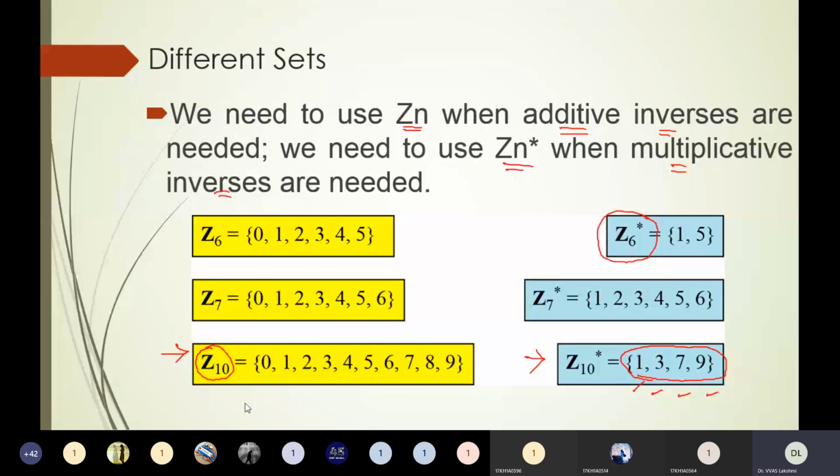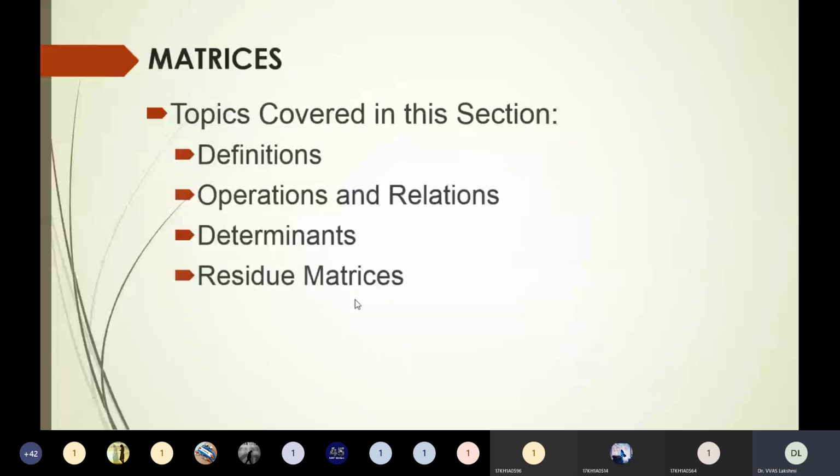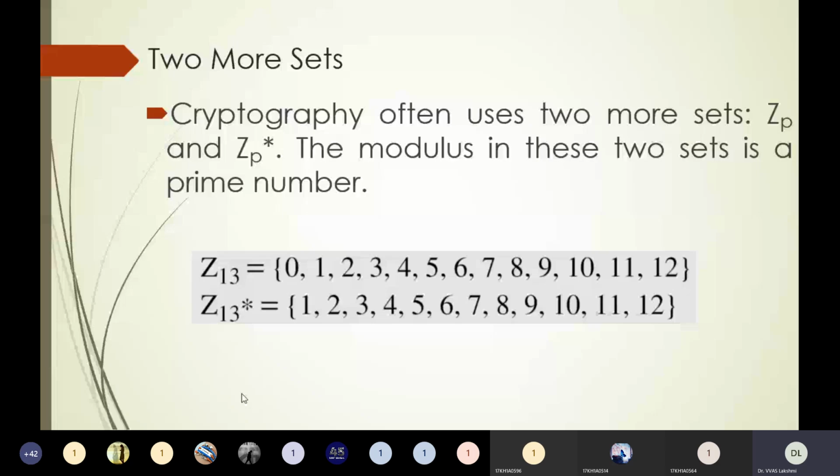Next one: in cryptography, 2 more sets are there. Those 2 sets are Zp and Zp star. What is the difference between Zn and Zp? In the Zn set, the n value may be any positive integer. The n value is any integer in the case of Zn.